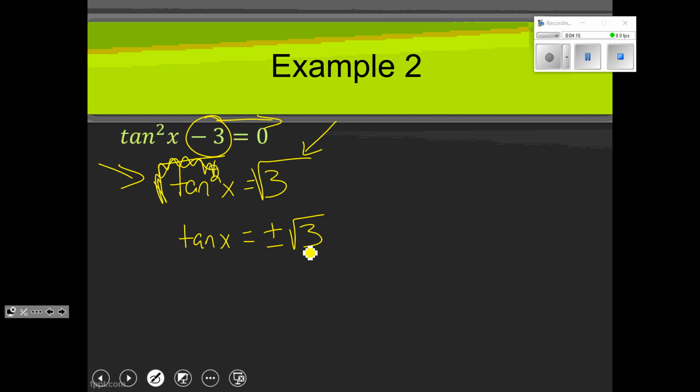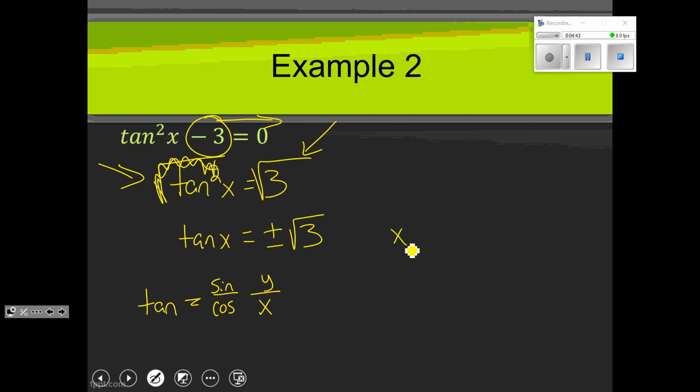So I want to go to my unit circle. And how do we get tangent? Tangent is equal to the sine divided by the cosine, correct? So that would be the y divided by the x. So I want you to look on your unit circle and see when you divide the y coordinate by the x coordinate, when can you get positive or negative square root of 3?